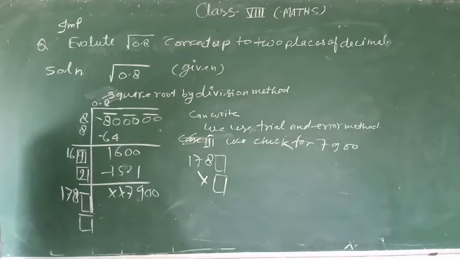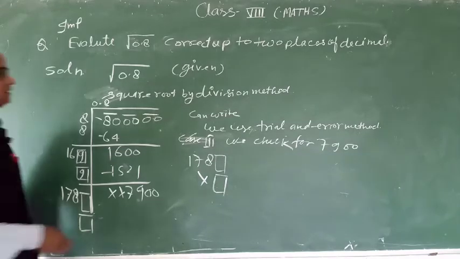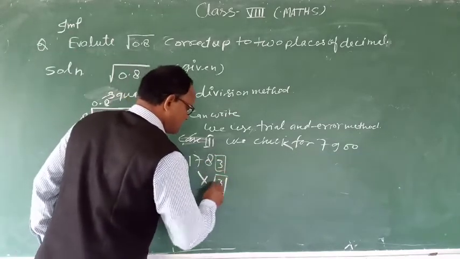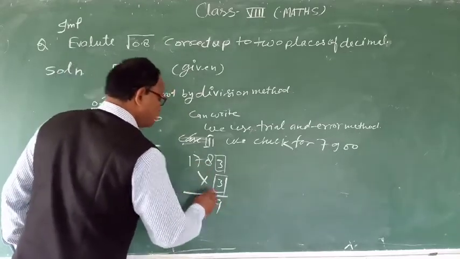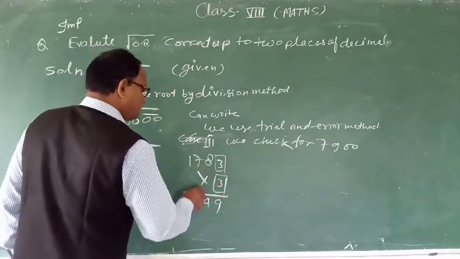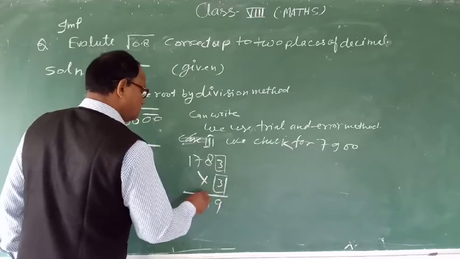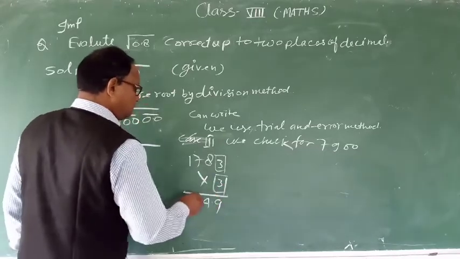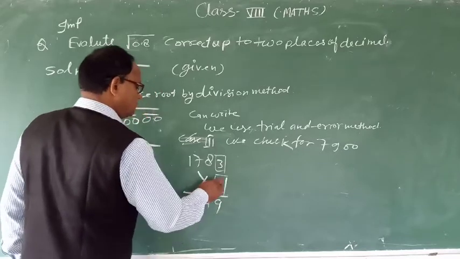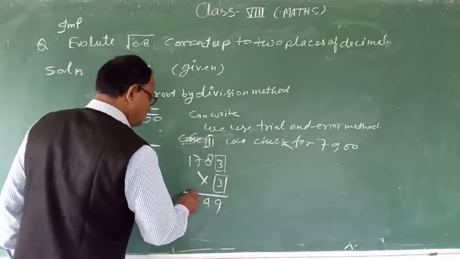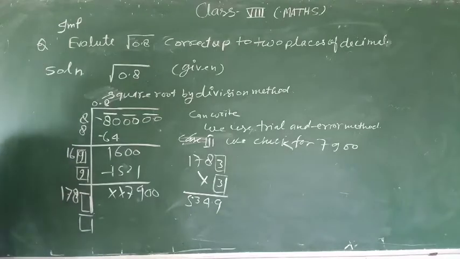Here we get 3 square. 3 3 is 9, 3 8 is 24, 3 7 is 21, 3 7 is 21, 2 23 and 3 1 is 3, 2 5. Then we get 5349.